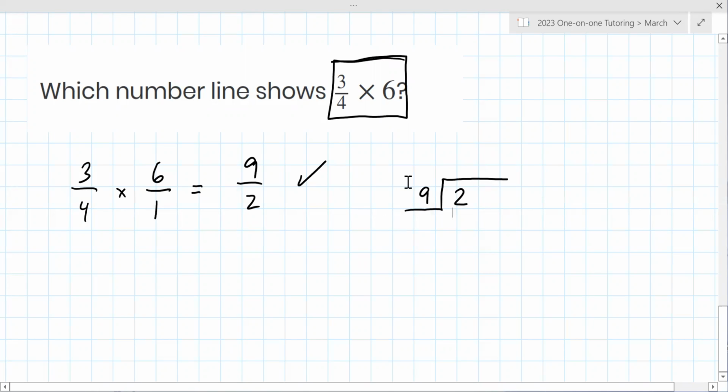Sorry, I'm having a bad moment, this is not correct. I apologize. Two goes on the outside. 9 goes on the inside. Sorry, I got that completely backwards. How many times does 2 go into 9? 2 going into 9.